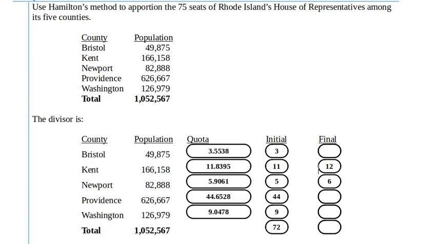That gives us 2 more, but remember we need 3. So we've dealt with 0.9, 0.8. It looks like 0.5, 0.6, and 0.0. So let's go with the 0.6. So Providence gets another seat, from 44 to 45, and then the others stay the same. Bristol stays with 3, and Washington stays with 9, and now when we add it up, we get 75.